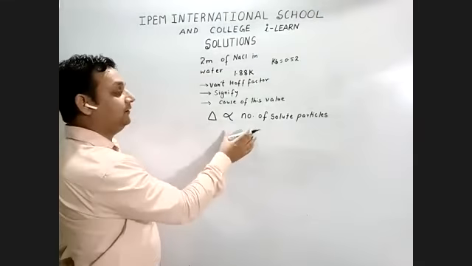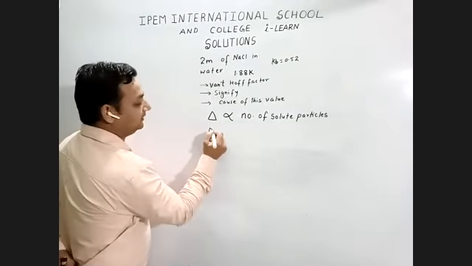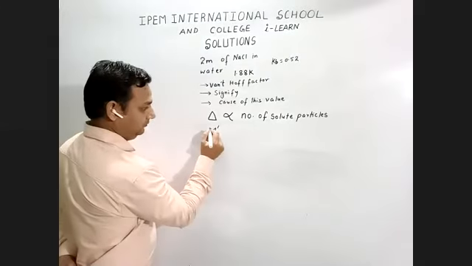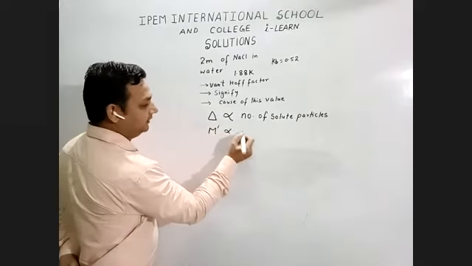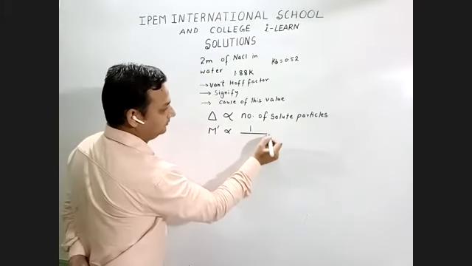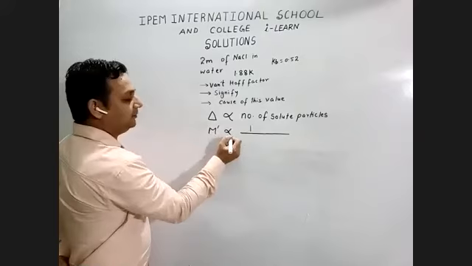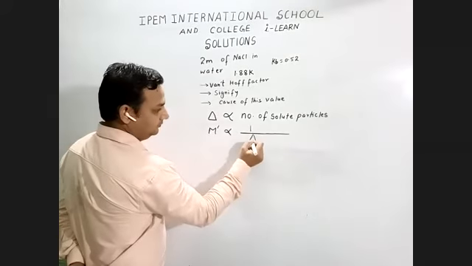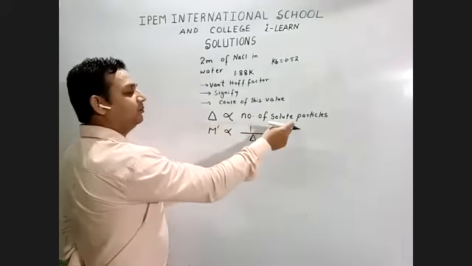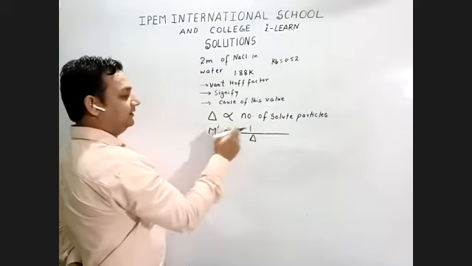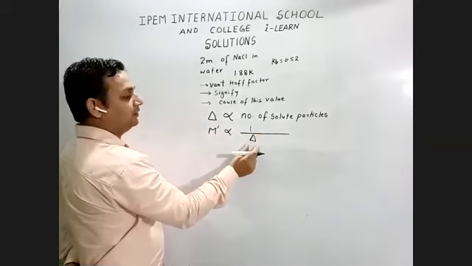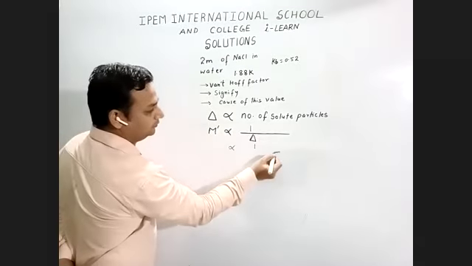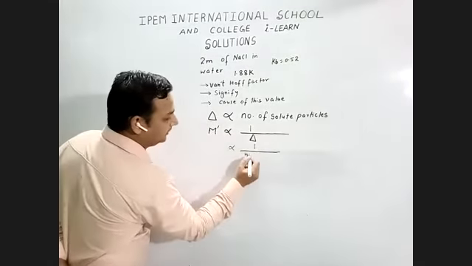For every colligative property, the molecular mass of that solute is inversely proportional to the number of particles of solute, or we say colligative property is directly proportional to the number of solute particles, and molecular mass is inversely proportional to the colligative property.